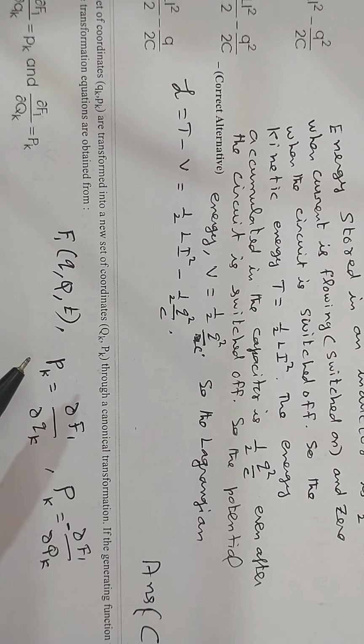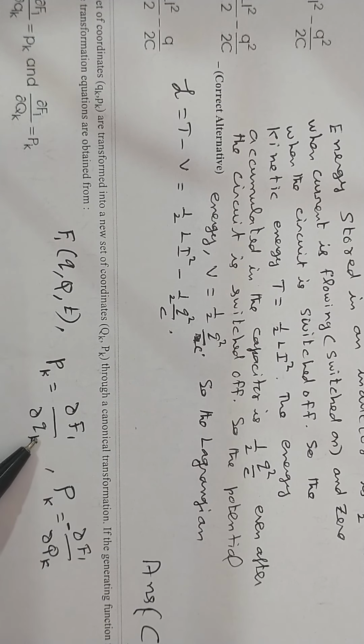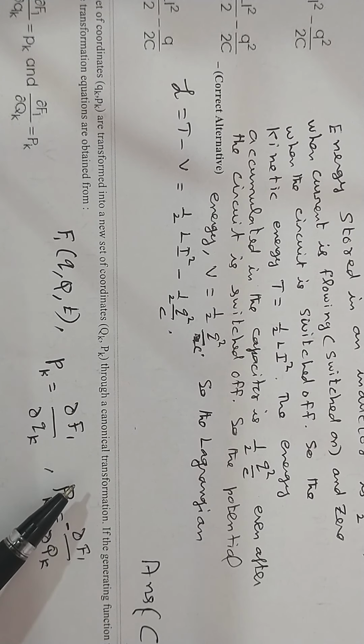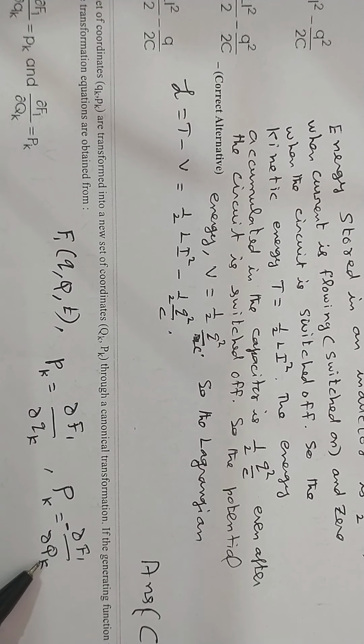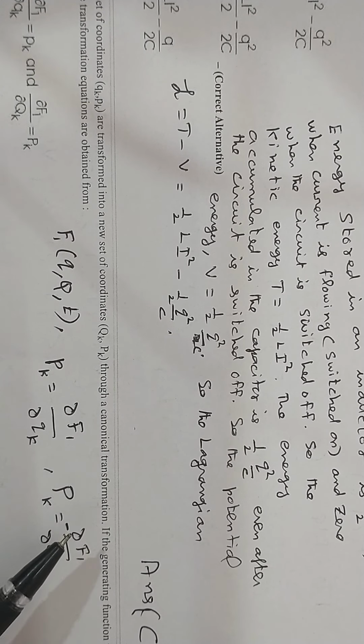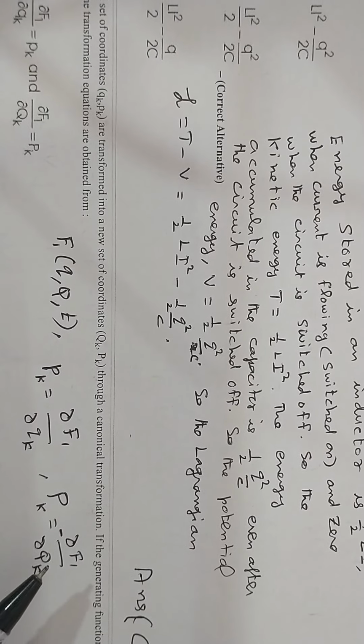p_k is equal to partial dF1 by dq_k. Here p_k and q_k are canonically conjugate variables, and capital P_k and capital Q_k are related conjugate variables. So this is related by minus partial dF1 by dQ_k.